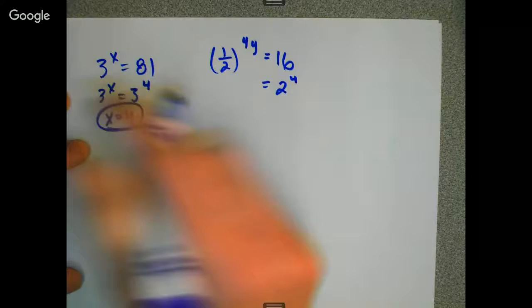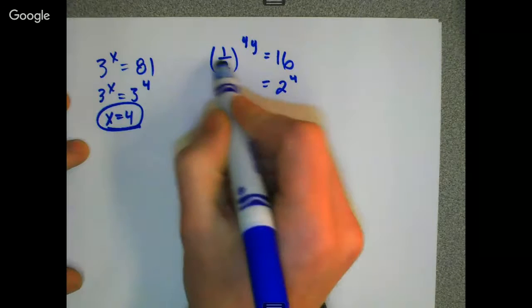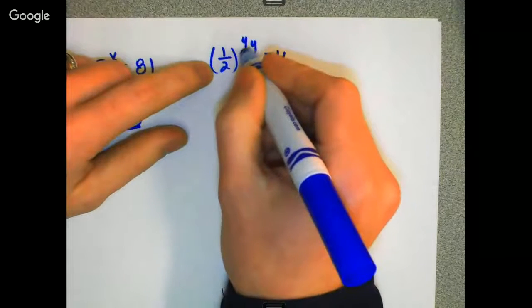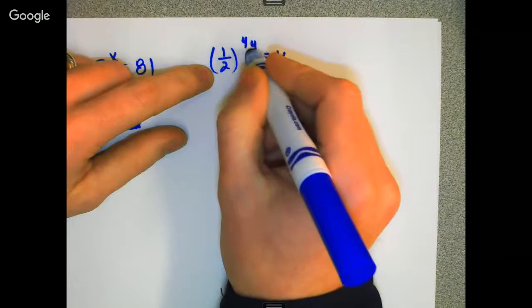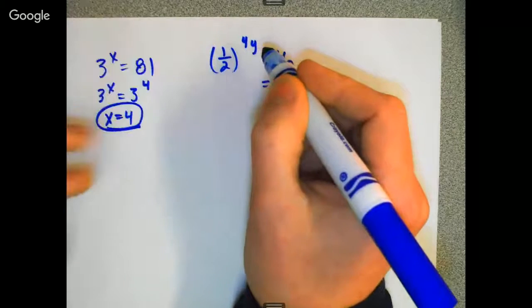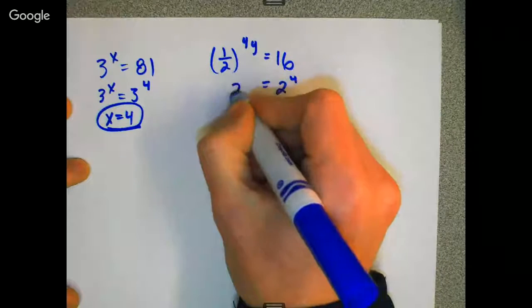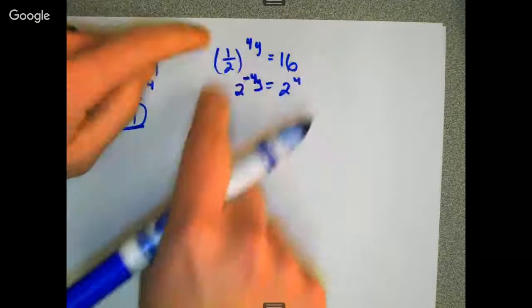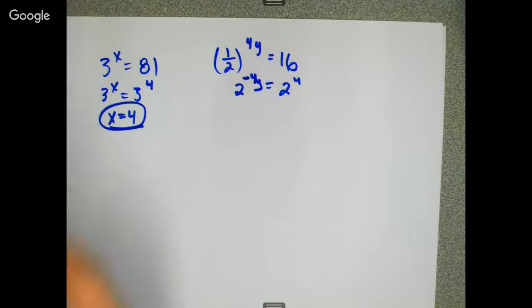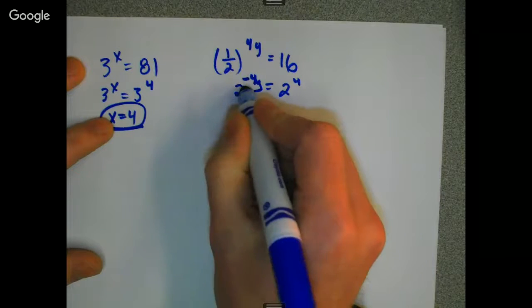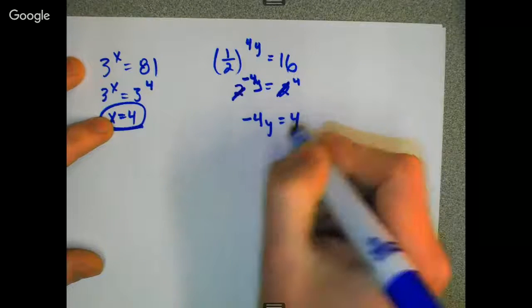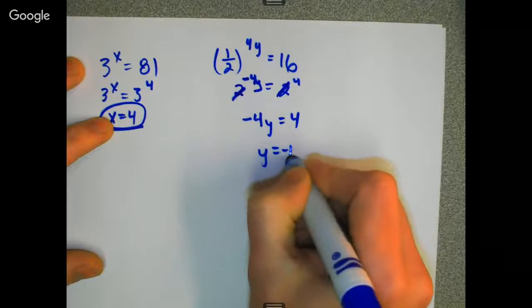But I can't do it as a half. So if I take this exponent and make it a negative, that switches the sides. So I'll take 2 to the minus 4y. And remember, a negative flips it upside down. So now I have my 2. And because the bases are the same, the exponents also have to be the same. So in this case, y is minus 1.